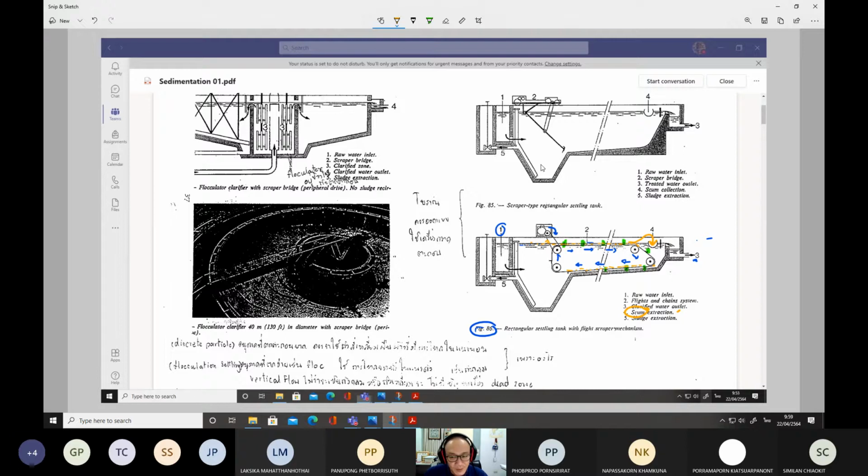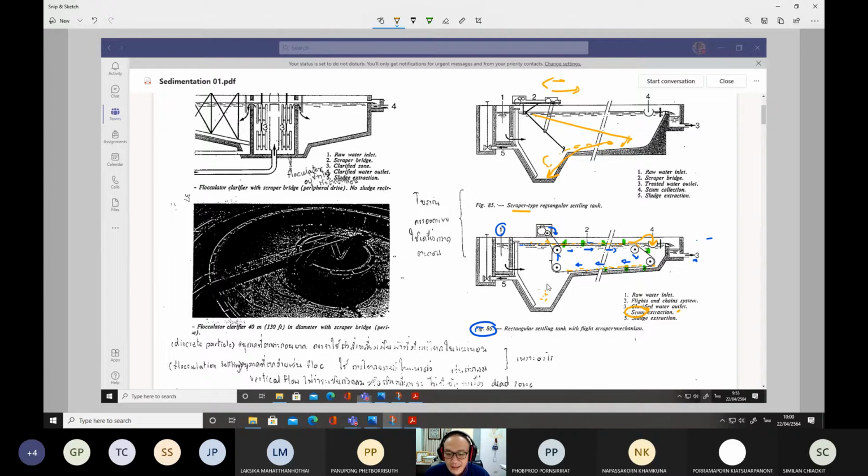On the other hand, other types of equipment may be used like this one. They use a scraper. This is the moving scraper, so it can move in these directions, and it also can move back again. So we bring all the settled particles into the hopper zones so that these particles can be collected here.